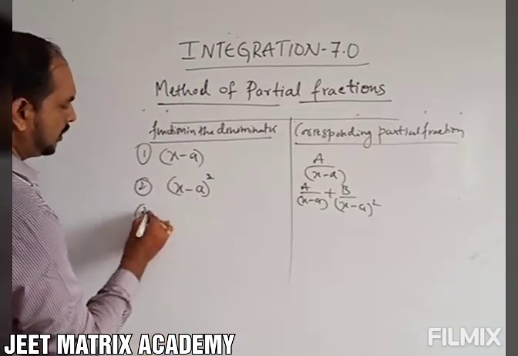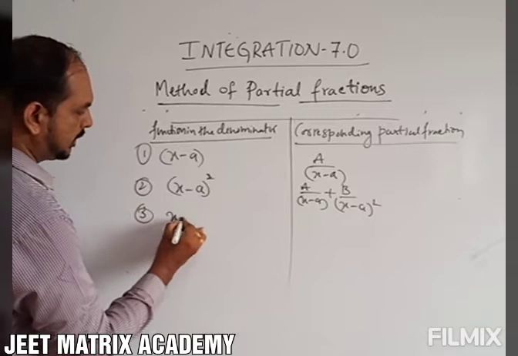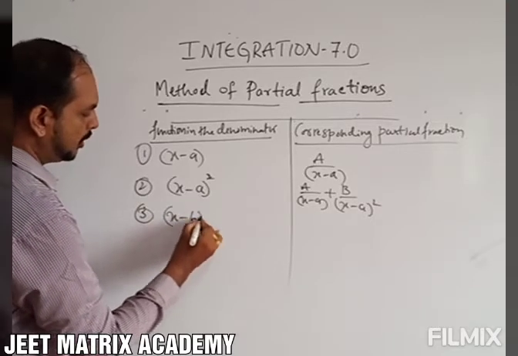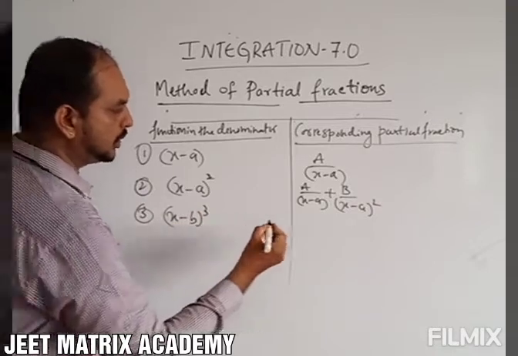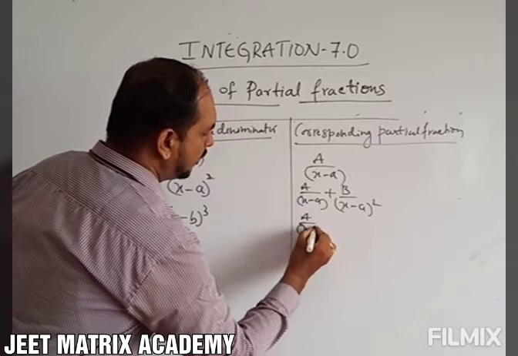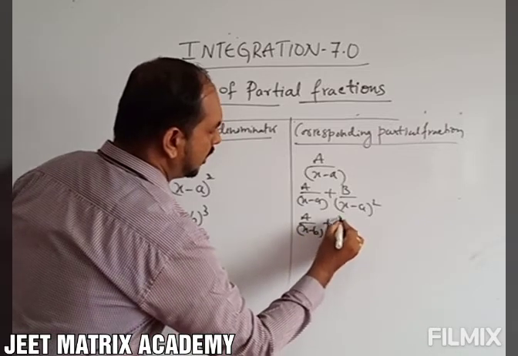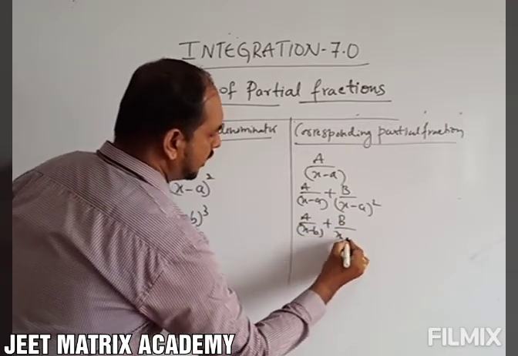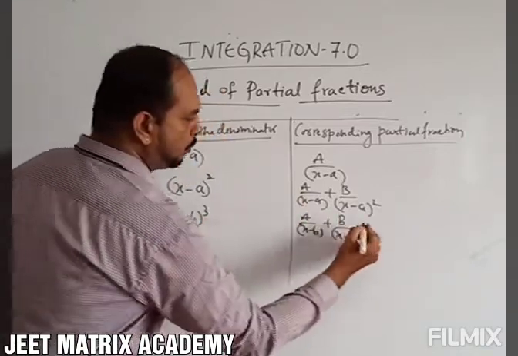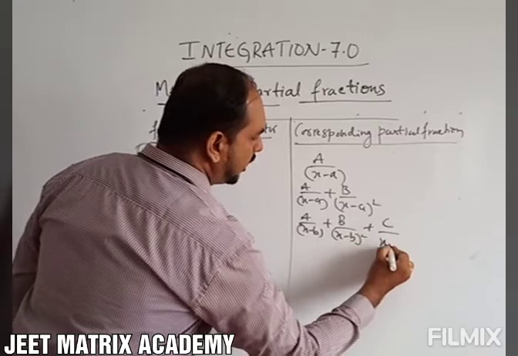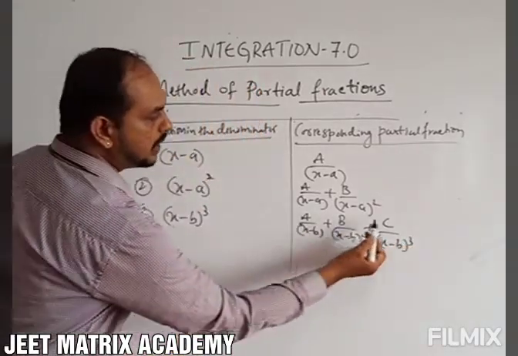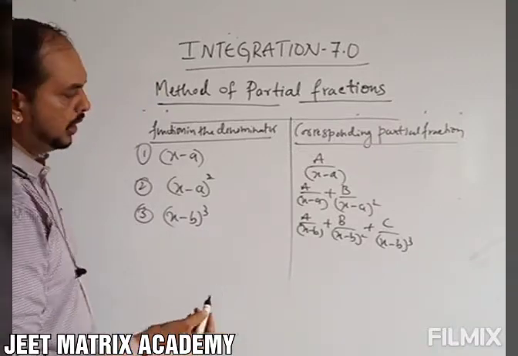The third case is x minus b whole cube: A divided by x minus b plus B divided by x minus b whole square plus C divided by x minus b whole cube. A, B, C are constants, remember.